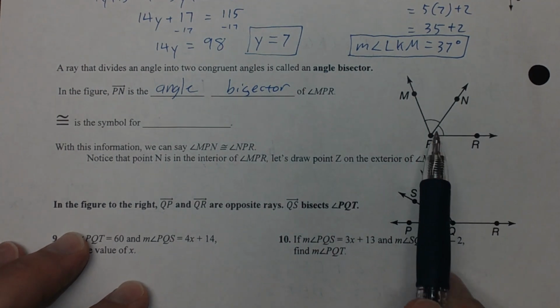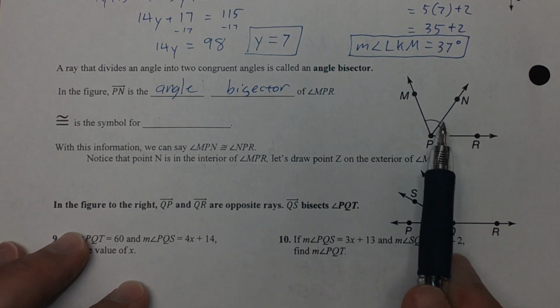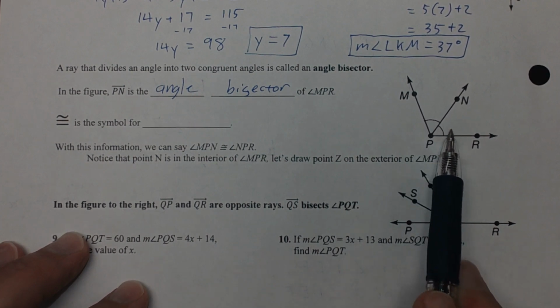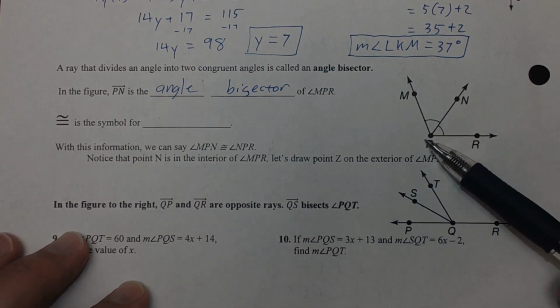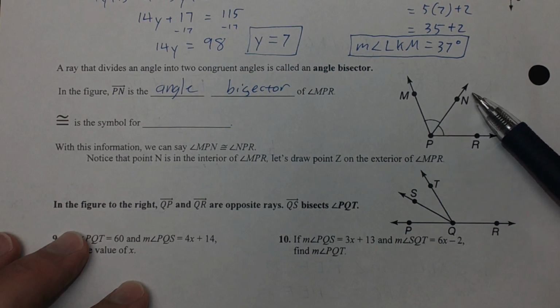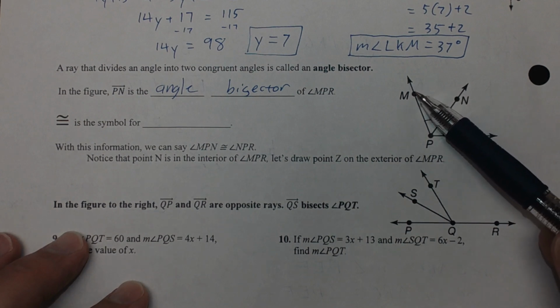And notice we have the same number of arcs for these smaller two angles, which means they're congruent angles. And the only way that would be possible is if ray PN was indeed the angle bisector of the larger angle MPR.